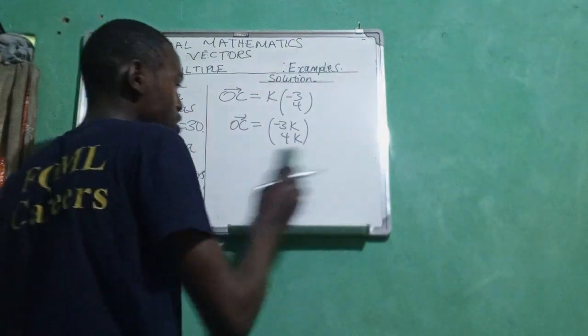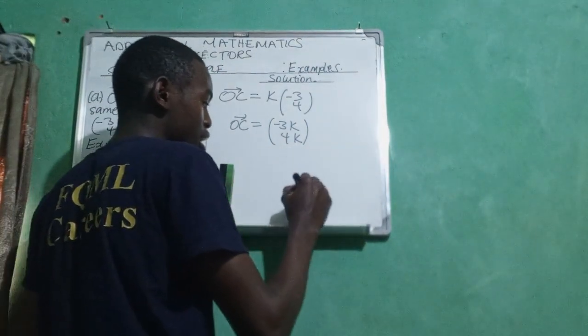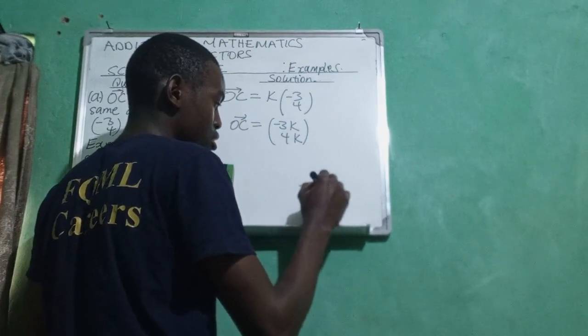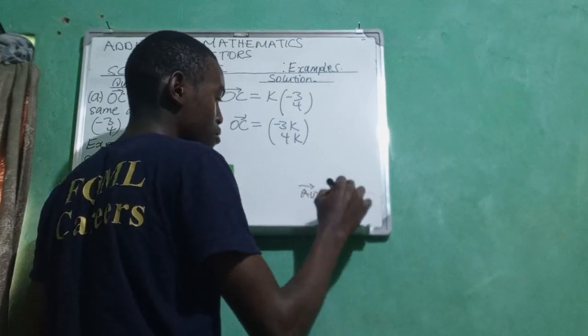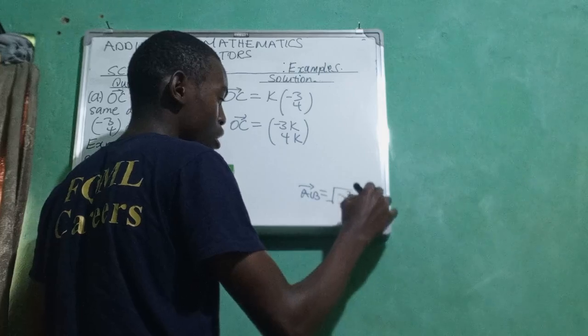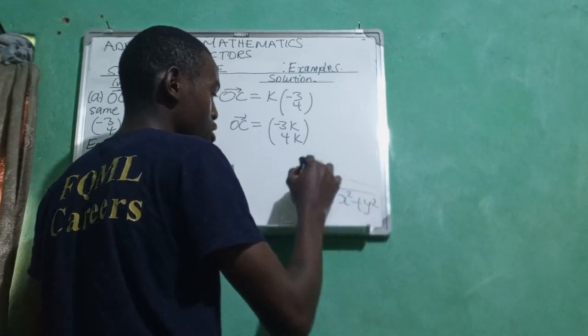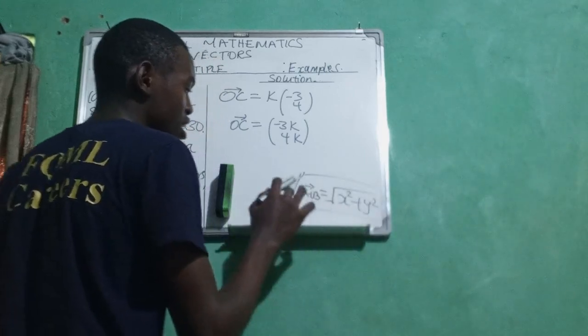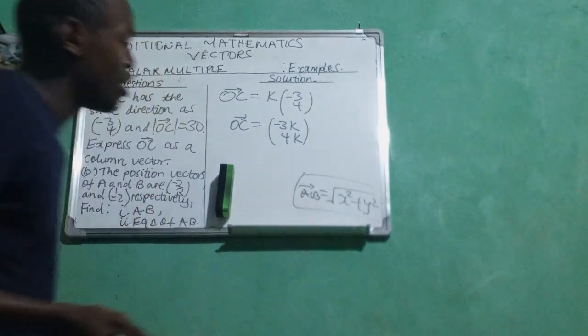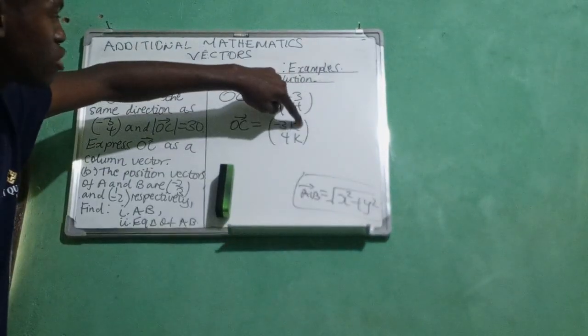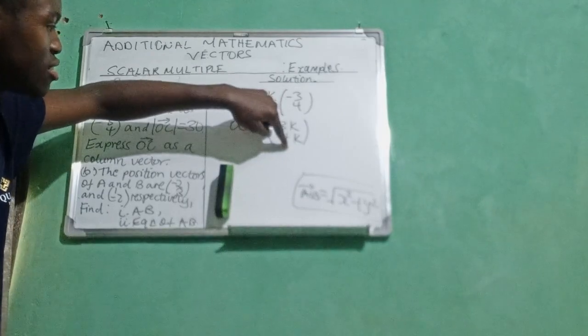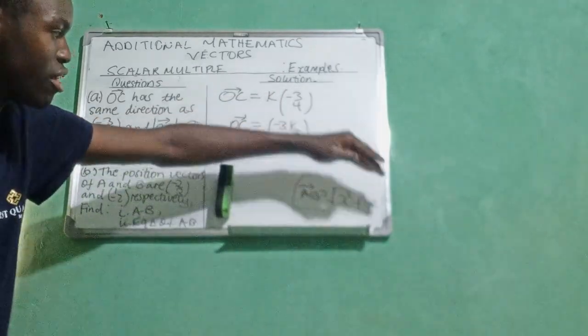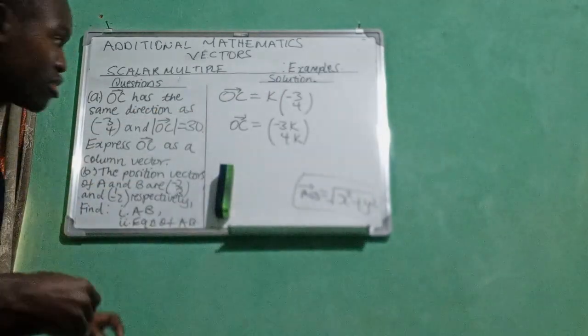The formula for magnitude is: when you have a vector AB, it is equal to the square root of the x component squared plus the y component squared. This AB can be any vector; this is just an example. The x component is the top part, and the y component is the bottom part. You square them, and then you take the square root of that answer.